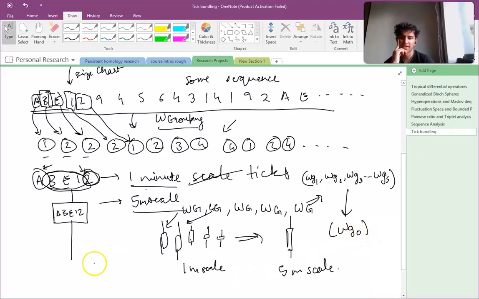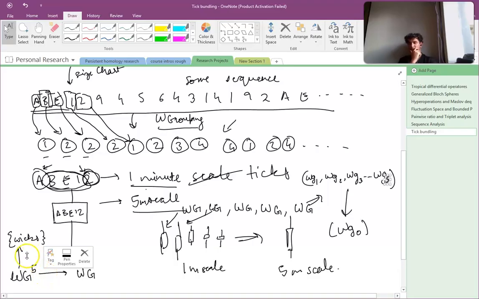So in some sense, I have a map that goes from the set of WGs into 5 into a single WG. So remember that the WG is a set of all our big groups, depending on their length. And so we have some sort of function that takes this.